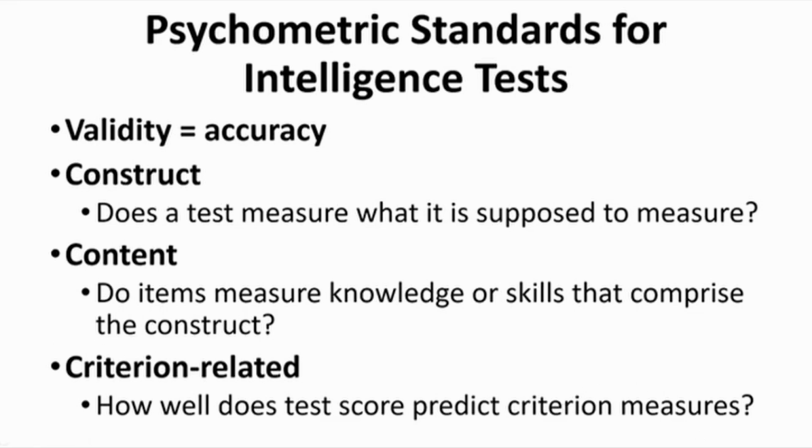And we could go on to say that we have high criterion-related validity. So our criterion-related validity is looking at how well the test score predicts our criterion measures. So how well does that IQ score predict success in a particular job?